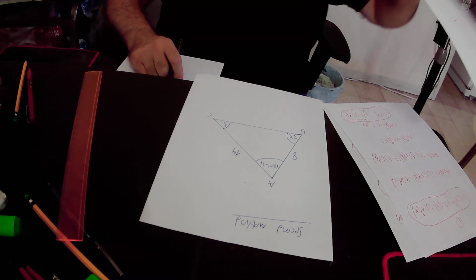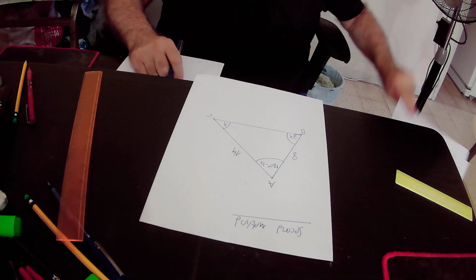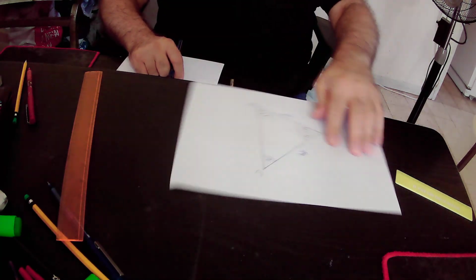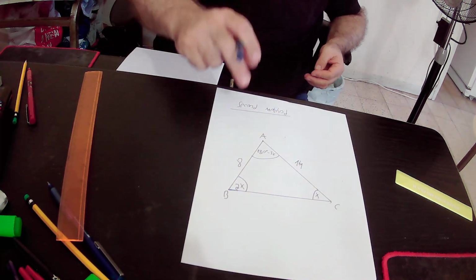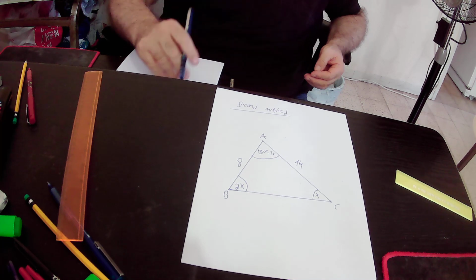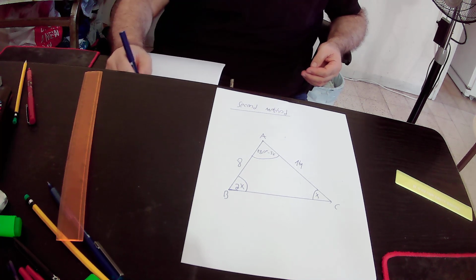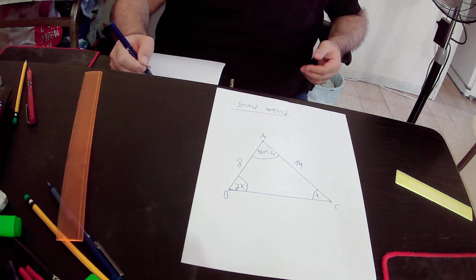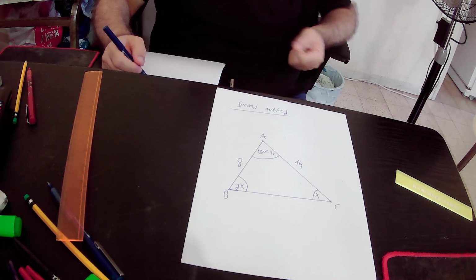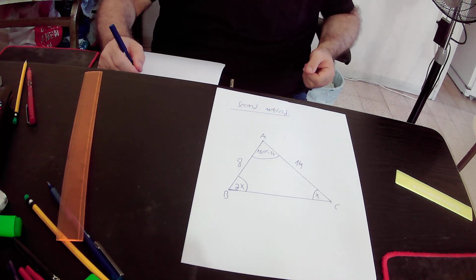So according to the law of sines, 8 over sine x will be equal to 14 over sine 2x.